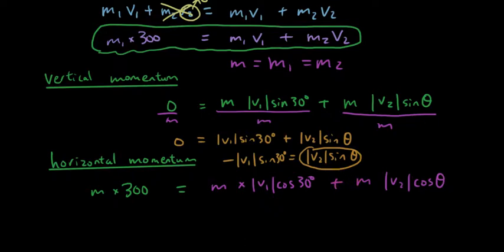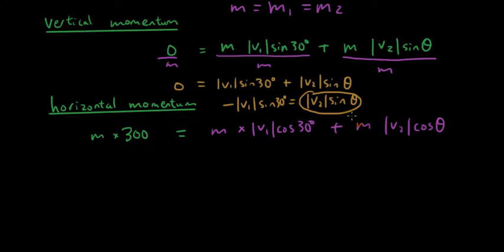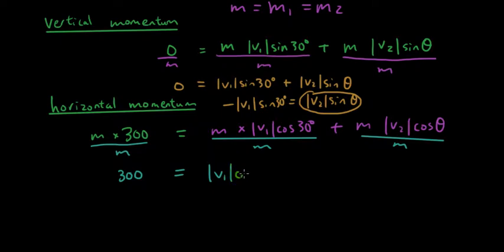Okay, now let's continue with the horizontal momentum. So I'm going to now do a similar thing and simplify this second equation. I'm going to divide everything by M. So then it's equal to 300 equals V1 cos 30 plus V2 cos theta.